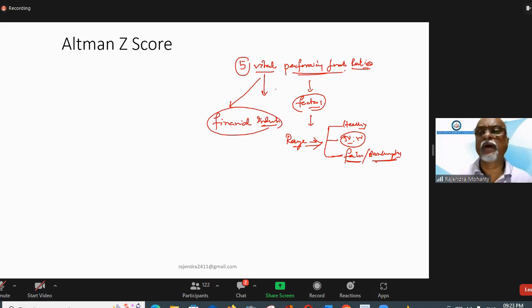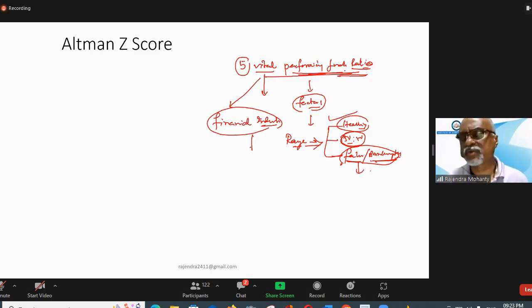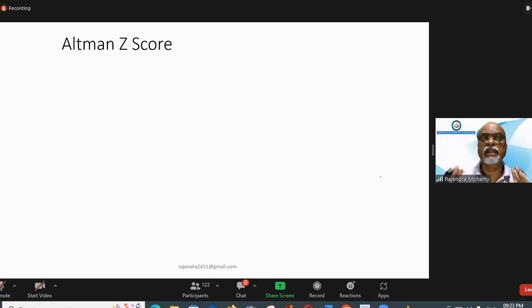If you have all these 5 vital ratios, you can calculate this, get the range, and predict whether your bank is going to face bankruptcy. He has given that the failure may happen within a period of 1 year. That precision he has given.